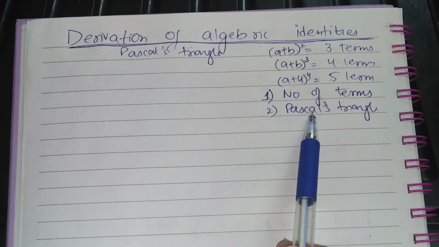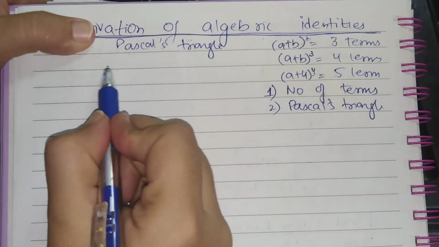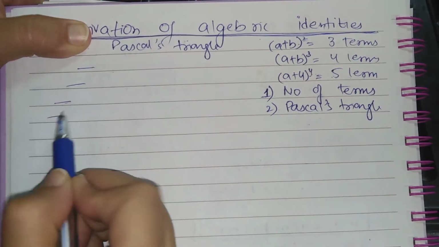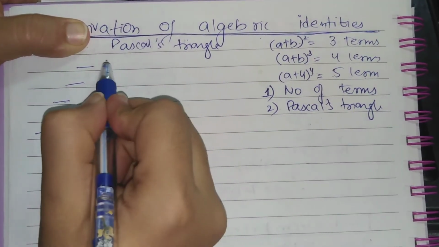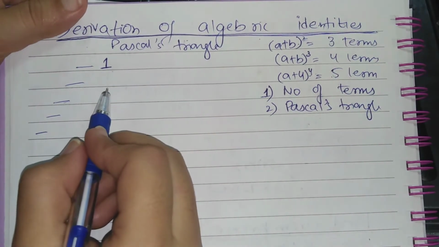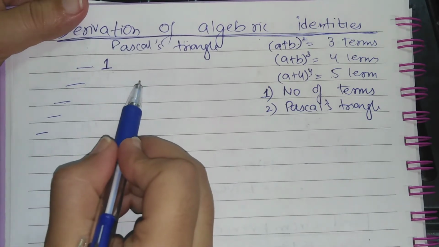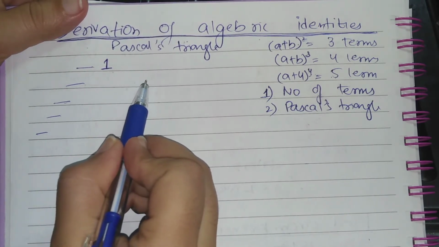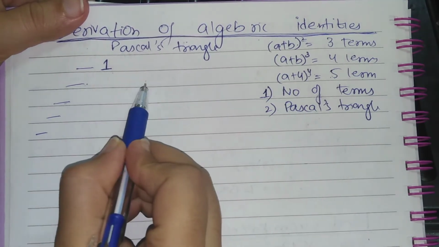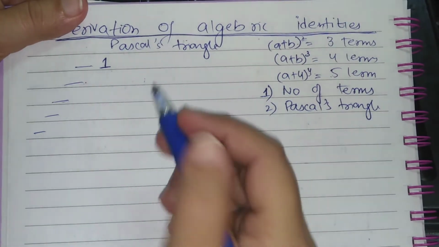Second thing is Pascal's triangle. What is Pascal's triangle? Draw rows, write down 1 at the start. It will always start and end with 1. Each row will start with 1 and end with 1, and 1 term will be increased in each row.